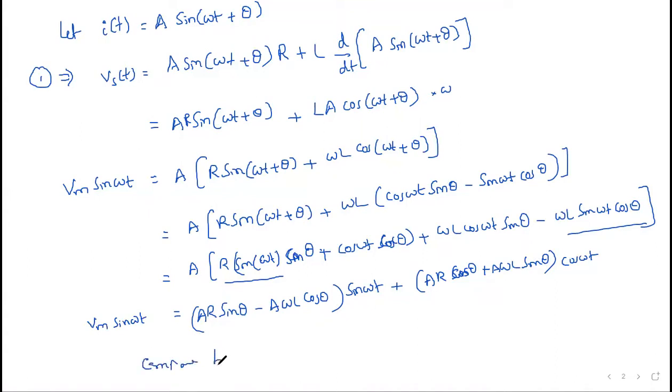Therefore, Vm, the sin omega t coefficient, is equal to A R sin theta minus A omega L cos theta.